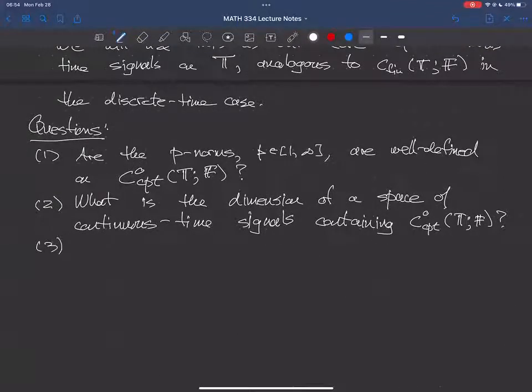So that's kind of the algebraic structure of these spaces of signals. What about their analytical structure? So in terms of the norms. First of all, the answer to question one is going to be yes, and we'll see why. And so therefore, this question makes sense.